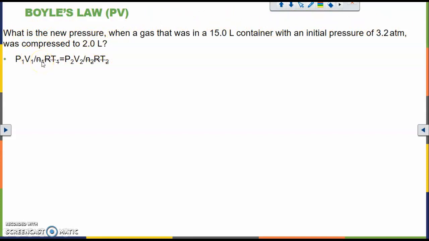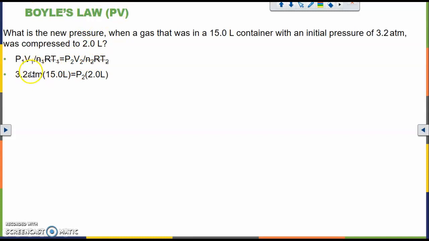There's no moles, no gas constant, no temperature, so all of those get eliminated. The question is, what's the new pressure? So you need both P1 and P2. The simplified ideal gas equation is now P1V1 equals P2V2, and that's actually called Boyle's law.